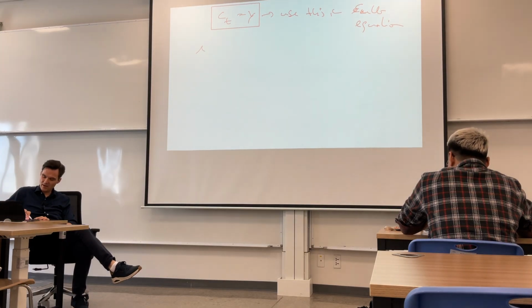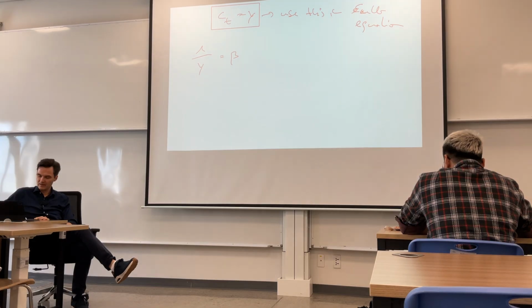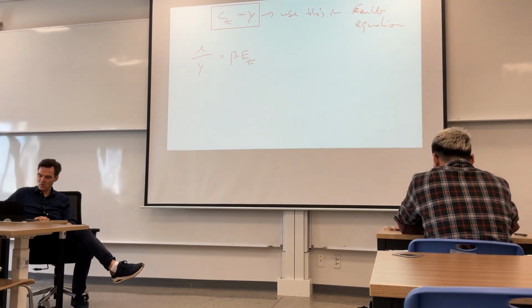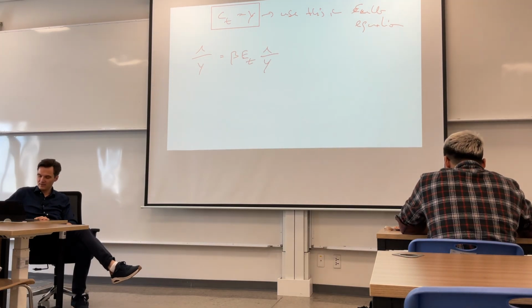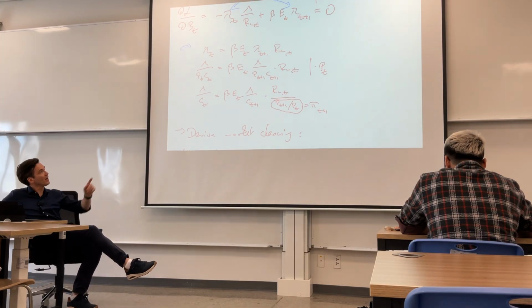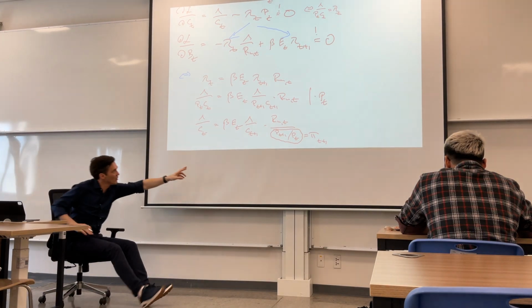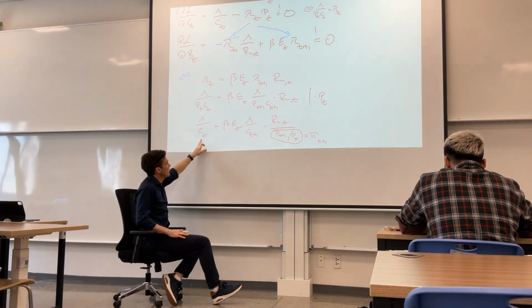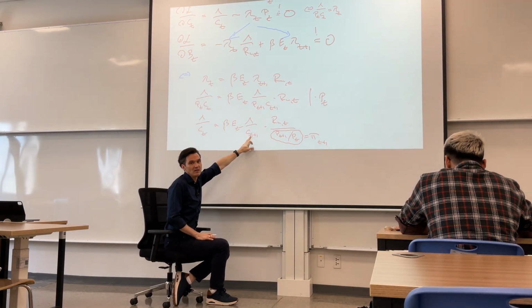So then we're going to have 1 over Y is equal to beta E_t of 1 over Y times Rn,t divided by pi_t+1. So I have now just substituted for C_t+1 in the Euler equation on both sides. I substituted for this by Y_t, and then of course by Y_t as well.